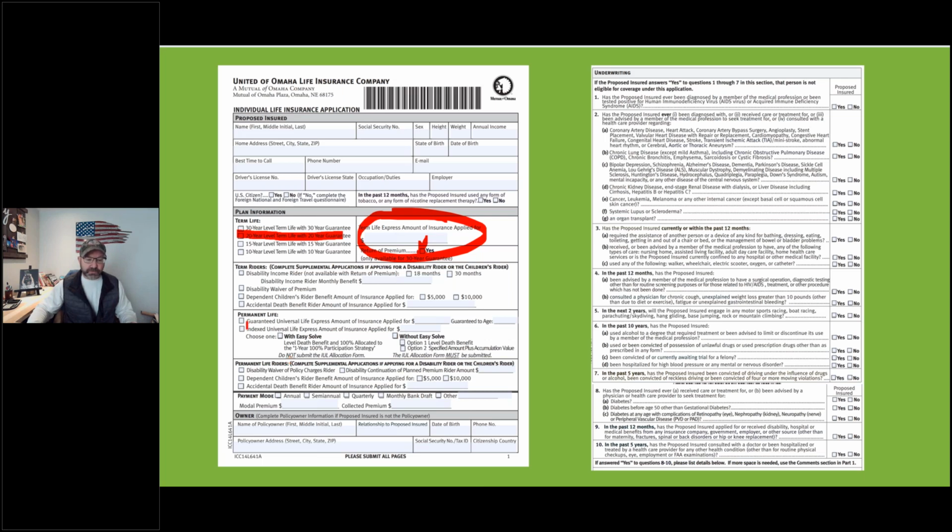So here's the riders for permanent. It looks like this is an older application, because I know this GULE product is not even available anymore, so we'll just put a line through it.